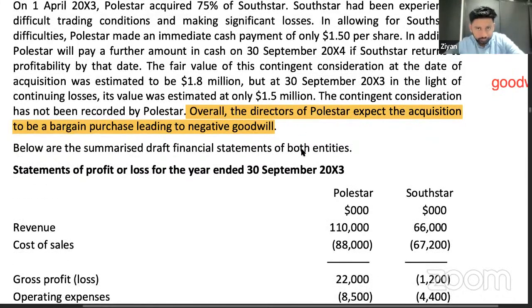Okay. Overall, the directors of Polestar expect the acquisition to be a bargain purchase leading to negative goodwill. Now, guys, if the parent pays money to the subsidiary above the net assets value, that's a premium.